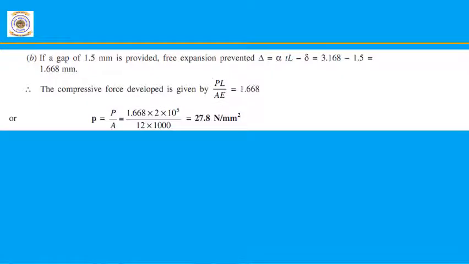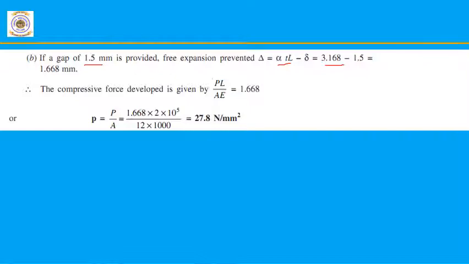Next case: if a gap of 1.5 mm is provided, which is the material with partial expansion, what happens to the temperature stresses? We know the relation delta is equal to alpha TL minus small delta. Alpha TL we already calculated, that is the minimum gap, 3.168, minus the delta value given, 1.5.